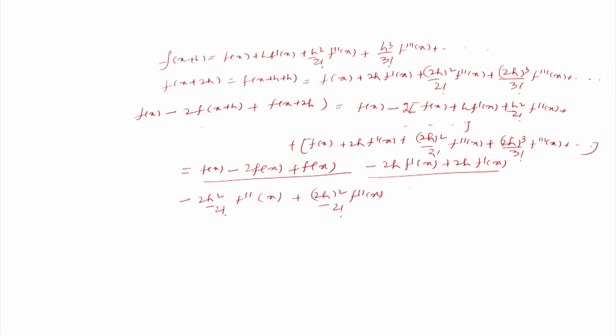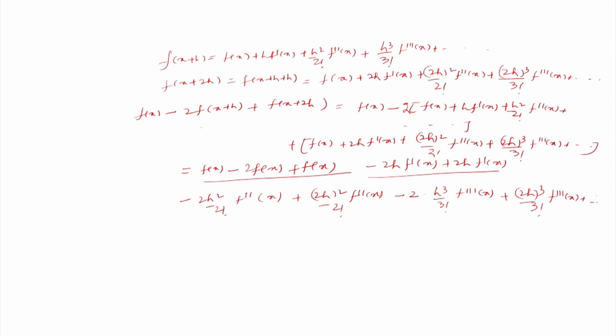So this term will give you the second order differentiation. The immediate next term will give you minus 2 h cube by 3 factorial f triple dash of x, then plus 2h whole cube by 3 factorial f triple dash of x here.